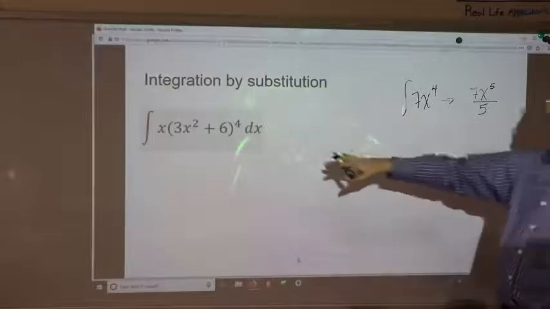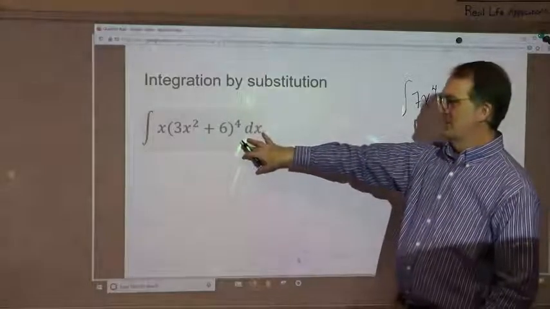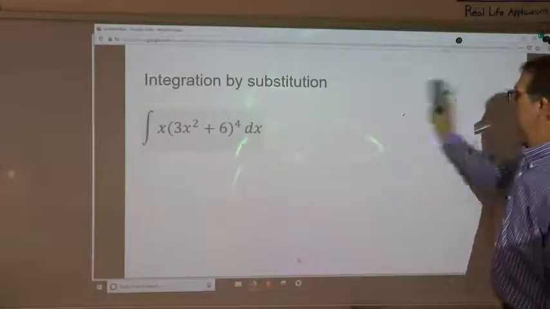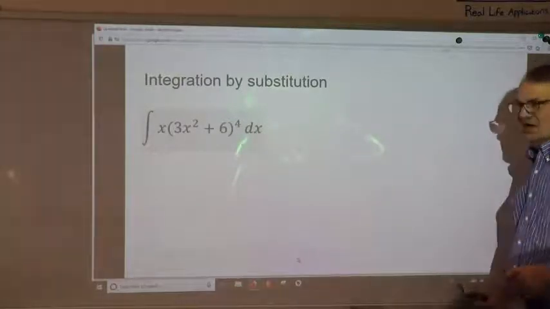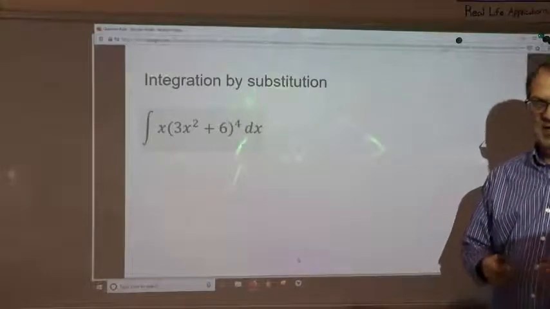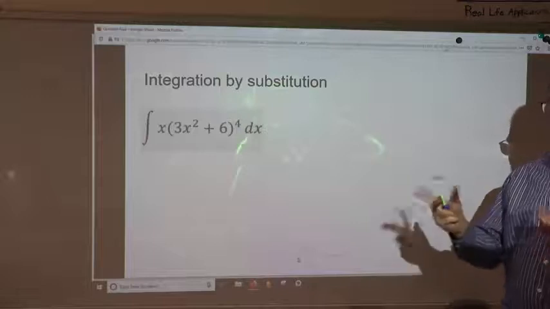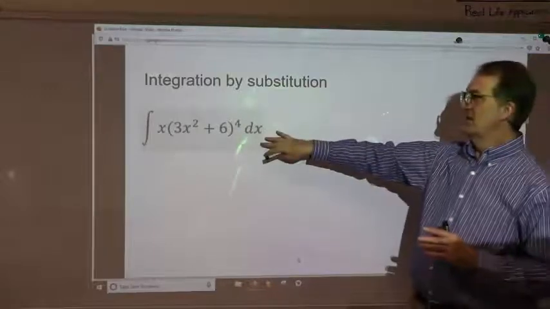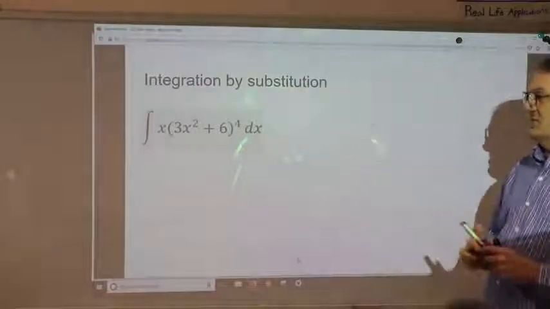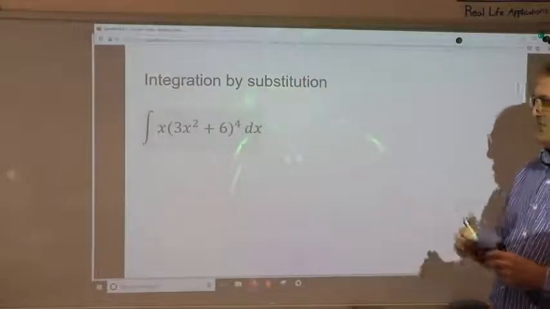And now when I look at this example here, it looks complicated, but we're going to take the same idea of the chain rule and apply those ideas here. And there's a reason why we call it integration by substitution, or the chain rule backwards.